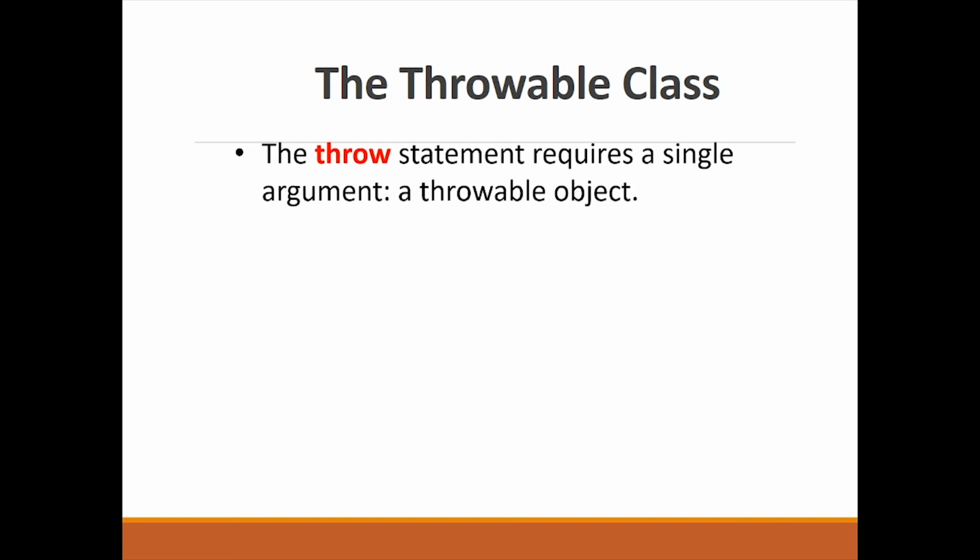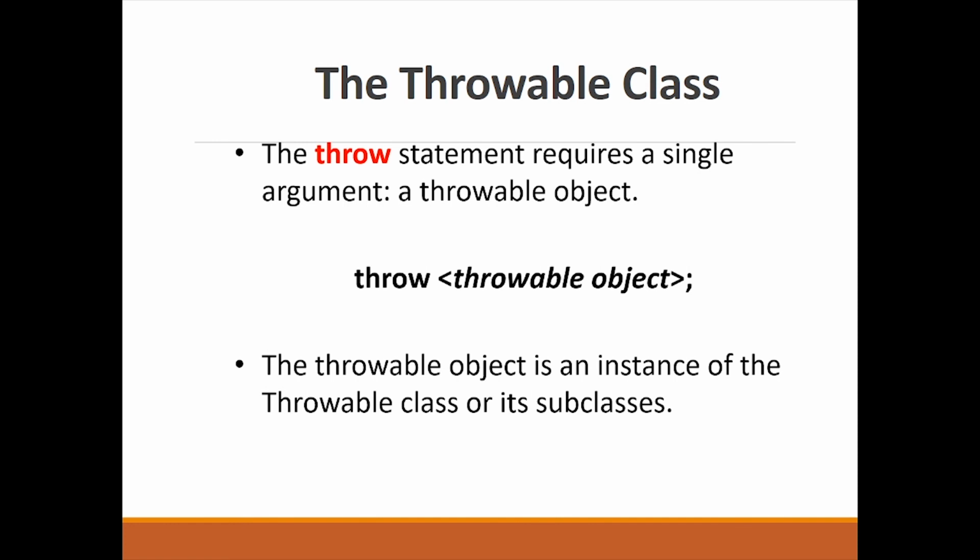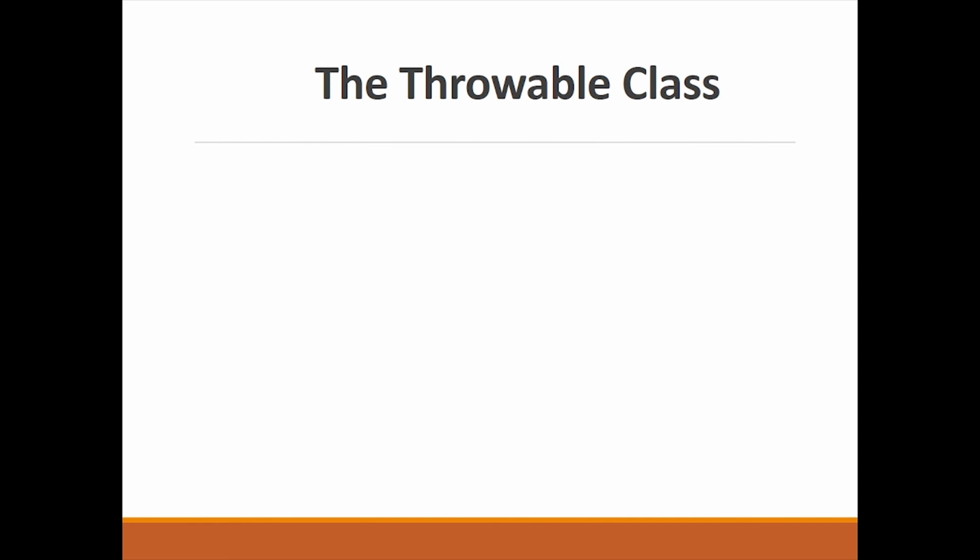And then the throw statement requires a single argument, a throwable object. So throw and then the throwable object. A throwable object refers to the type of exception that you want. A throwable object is an instance of the Throwable class or its subclass.